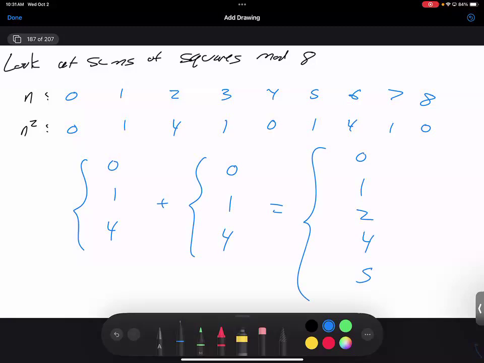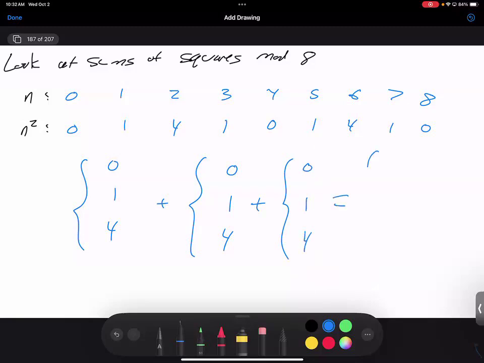Now, what if we do sums of 3 squares? So now let's do plus sums of 3 squares. Now we have 3 choices for the first, 3 for the second, 3 for the third. That's 27 things to look at. But again, a lot of things are going to be the same.